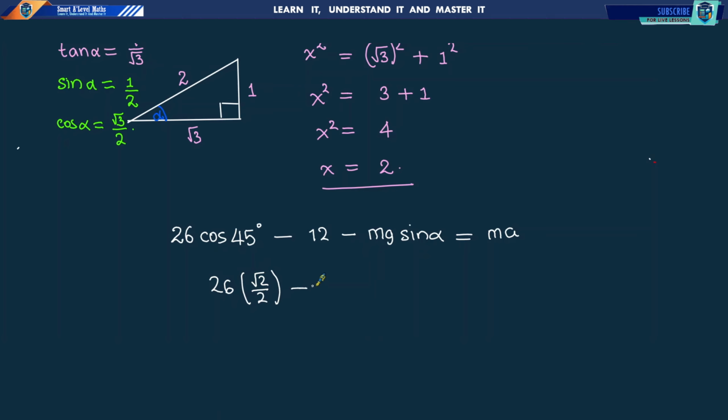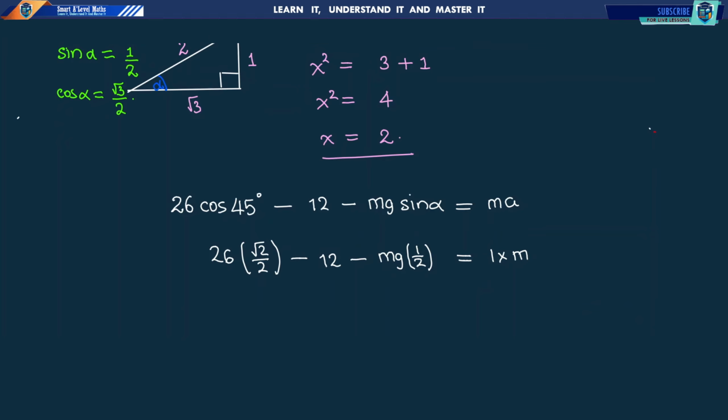Then we subtract away 12, and we say minus mg sine of alpha. So we know sine of alpha is 1/2, and we equate this to 1 times m, as 1 is the acceleration and m is the mass we're trying to get.